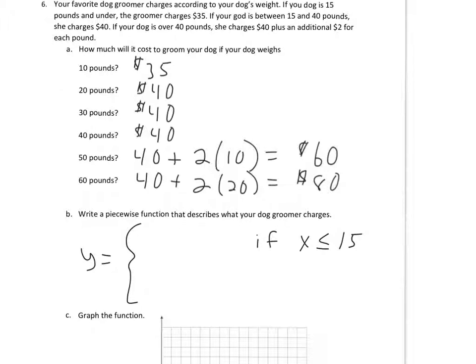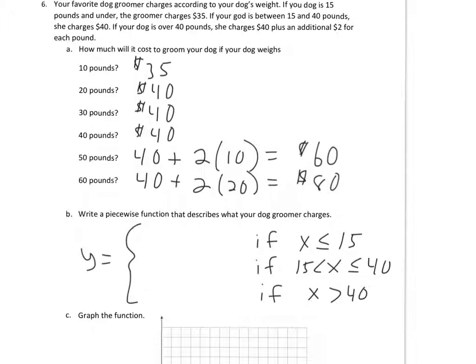We're going to need another equation if x is between 15 and 40. So 15 less than x and less than or equal to 40. And then we're going to need a third equation if the weight is over 40. So if x is greater than 40.